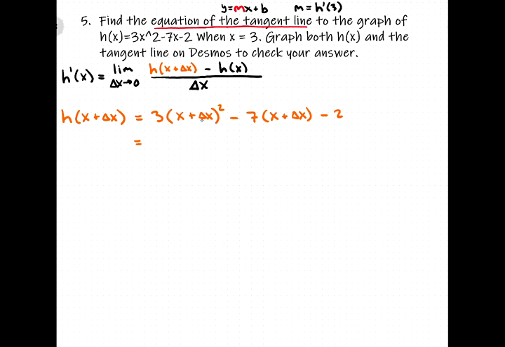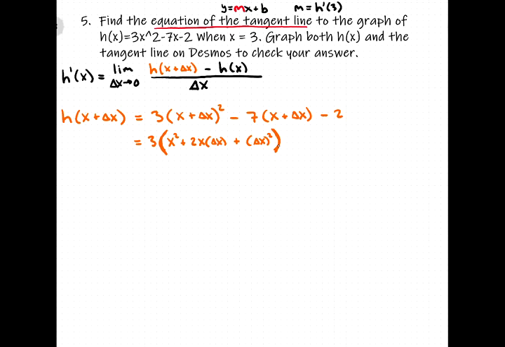Okay, so we could multiply through x plus delta x times itself, or x plus delta x squared. So we'll have a 3 times x squared plus 2x times delta x plus delta x squared.